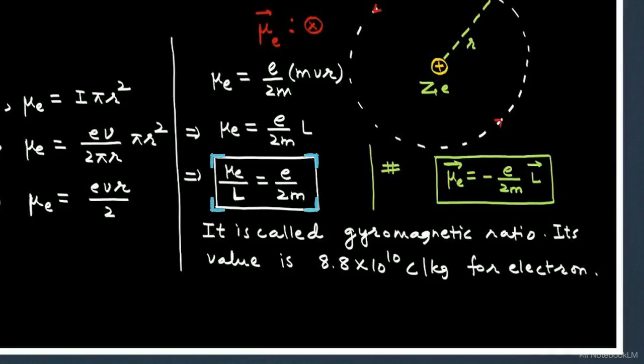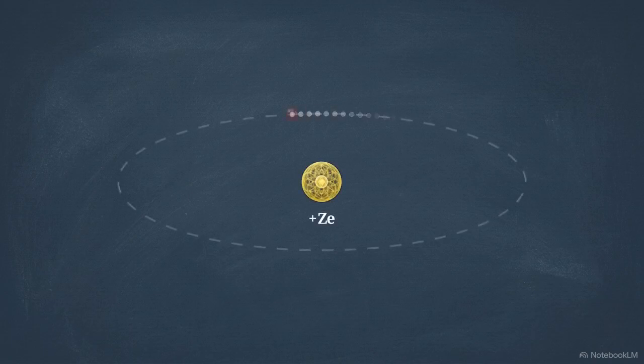Looking at the center of the derivation, if we rearrange that equation, we isolate the gyromagnetic ratio. This is a fundamental constant for the electron, specifically 8.8 times 10 to the 10th coulombs per kilogram. Translating this from two-dimensional algebra to physical reality requires vectors. Applying the right-hand rule to the electron's physical direction of motion, the angular momentum vector points straight up, perpendicular to the orbital plane.